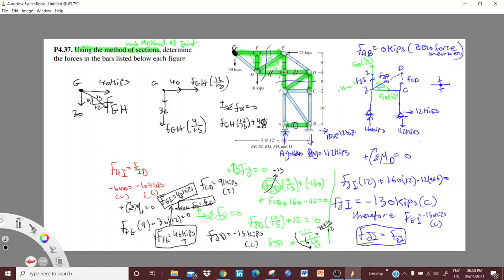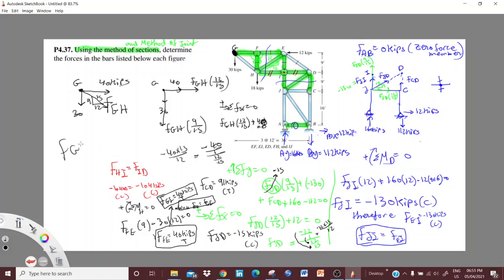Here is 40, which is equal to 0. It will be negative 40 divided by 12 over 15, so negative 40 times 15 over 12, which is negative 50.